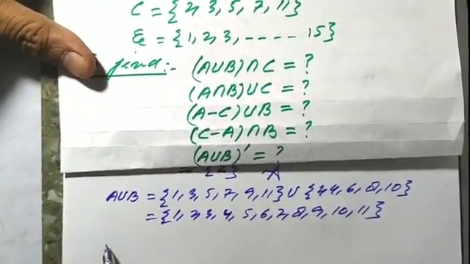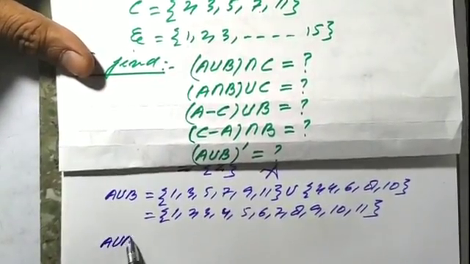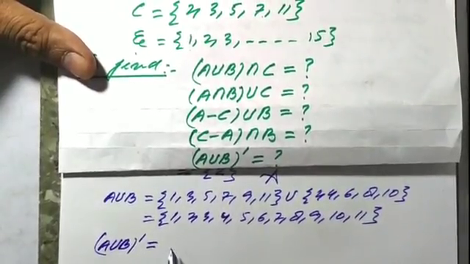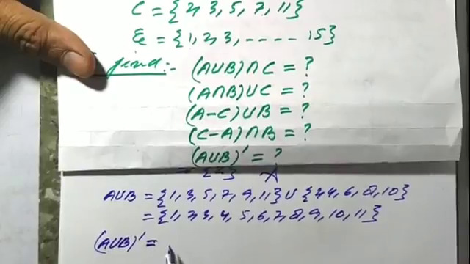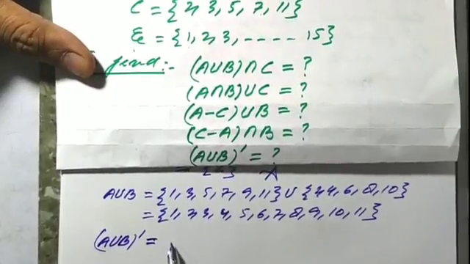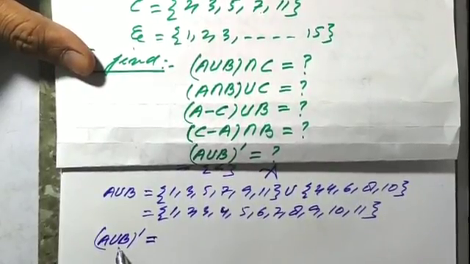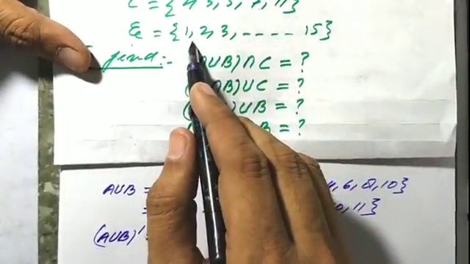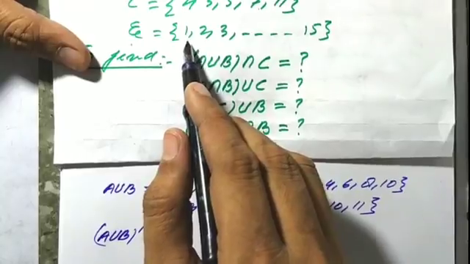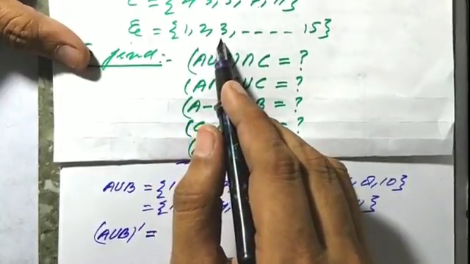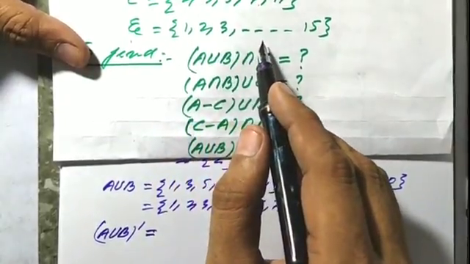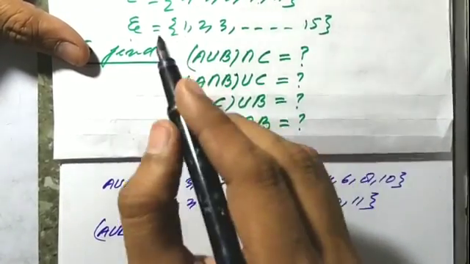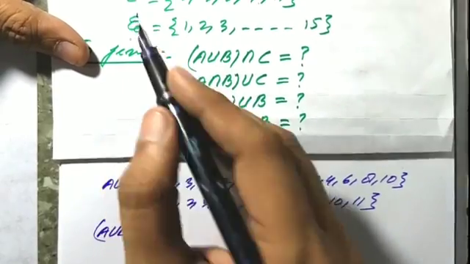So now we have to find out A union B complement. A union B complement is the set of all the elements of the universal set which are not in A union B, by the definition. So we have to check the elements of the universal set, that is psi, that is 1, 2, 3, 4, 5, 6, 7, 8, 9, 10, 11, 12, 13, 14, 15. This is the universal set, which is denoted by psi.